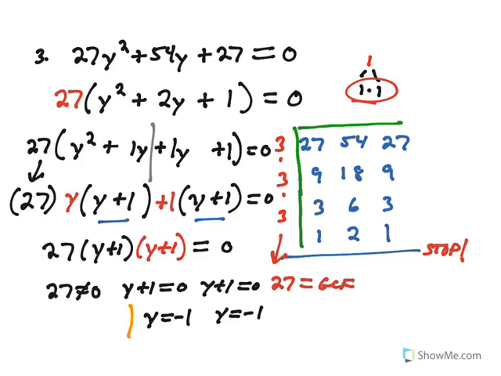The answer can only be one of these because it's redundant. And then, of course, we ignore the 27. It does not equal 0 because that's false. So forget about that. So the solution is just y equals negative 1. Okay? All right. I have another example I want to show you.